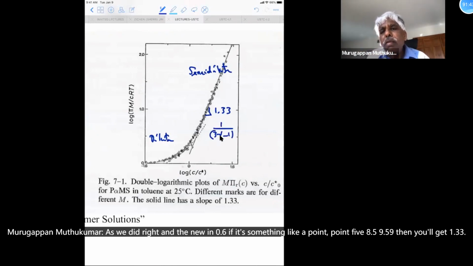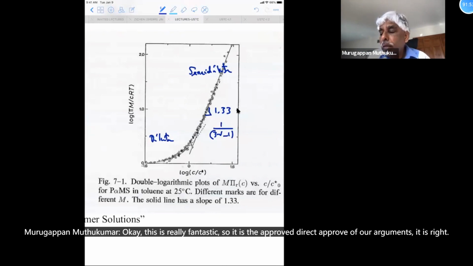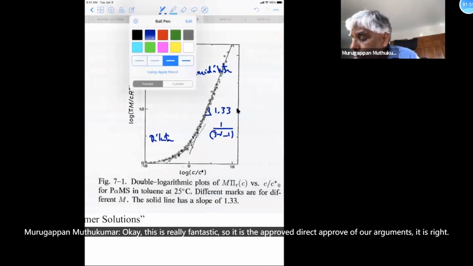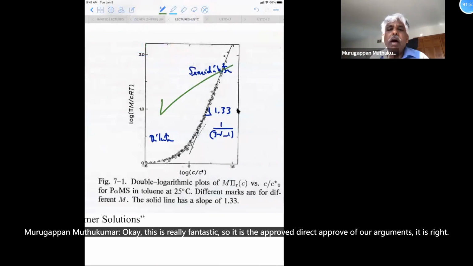And instead of nu being 0.6, if it's something like 0.58 or 0.59, then you'll get 1.33. Okay, this is really fantastic. So this is a direct proof of our arguments. This is right.